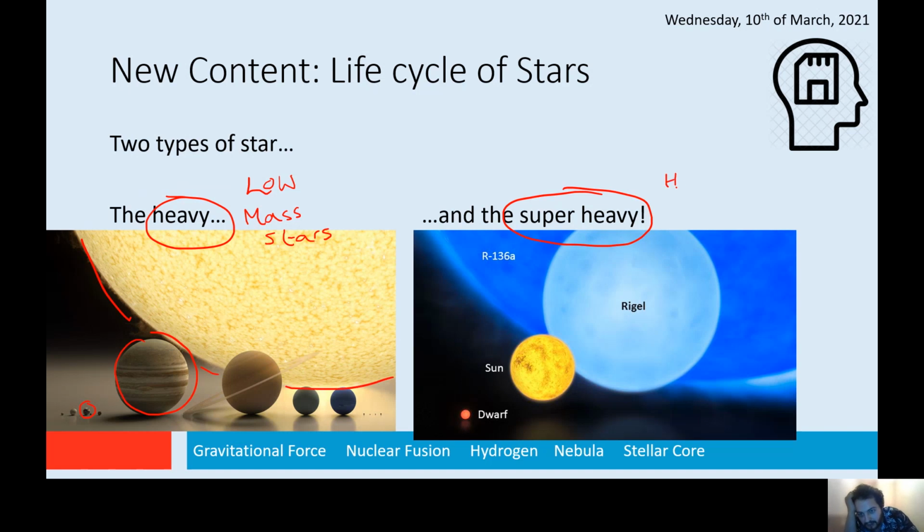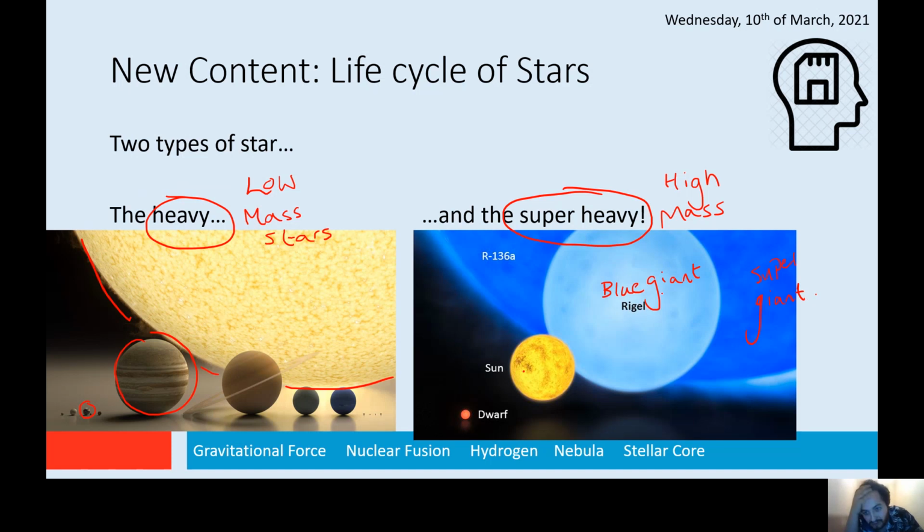Now, here we've got an example of a high mass star. There's the sun, there's a blue giant star called Rigel, and then we've got a blue supergiant behind it called R136A. The names aren't very inspired.